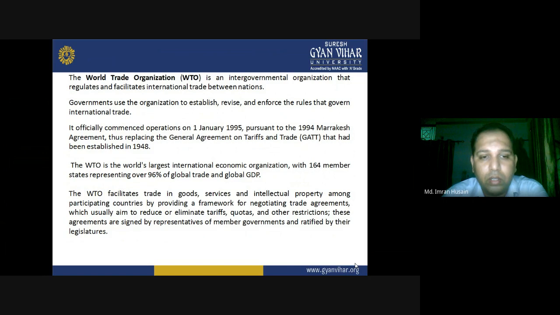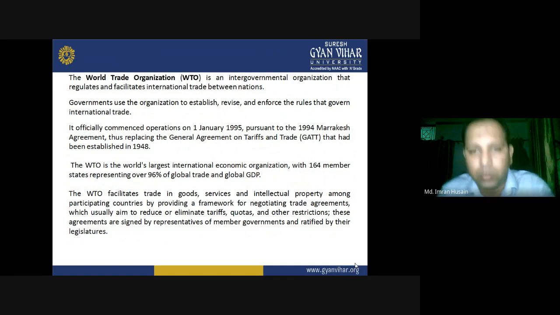The WTO facilitates trade in goods, services, and intellectual property among participating countries by providing a framework for negotiating trade agreements, which usually aim to reduce or eliminate tariffs, quotas, and other restrictions. These agreements are signed by representatives of members' governments and ratified by their legislatures.